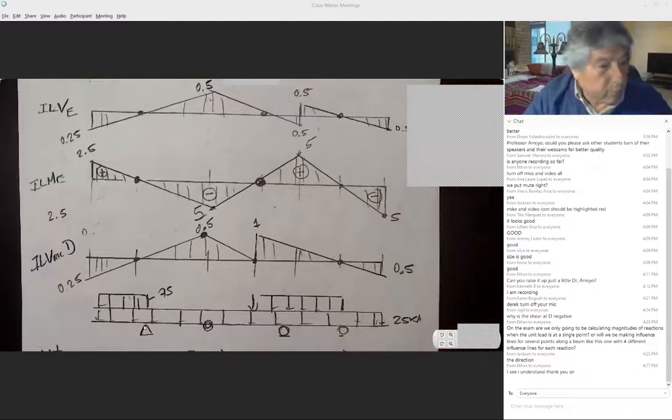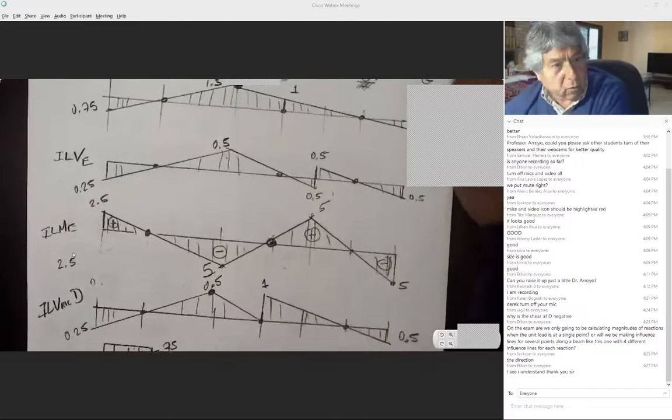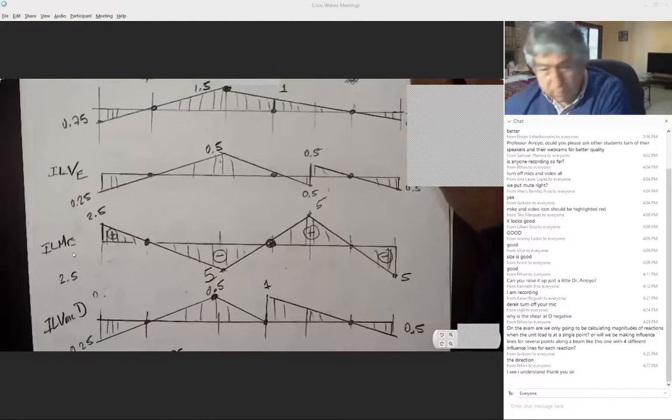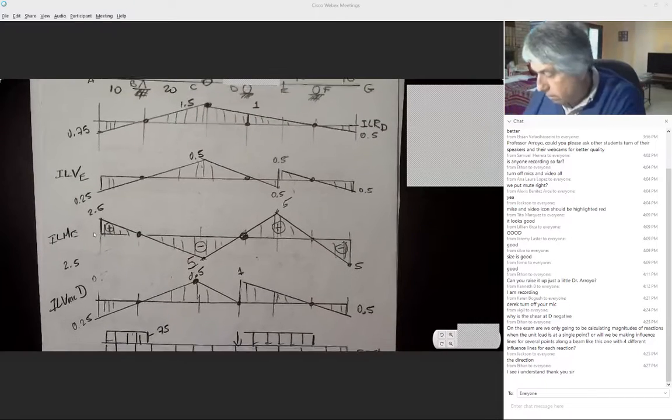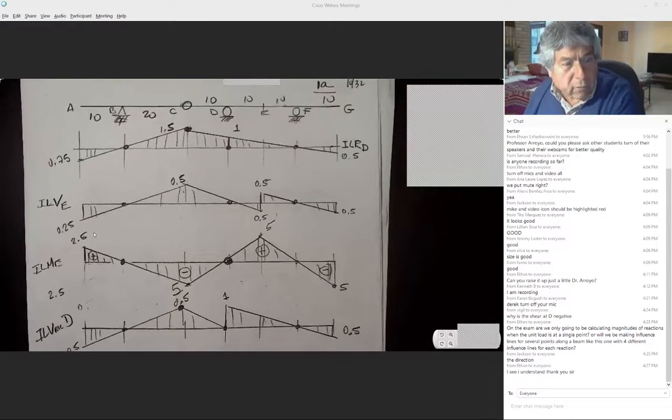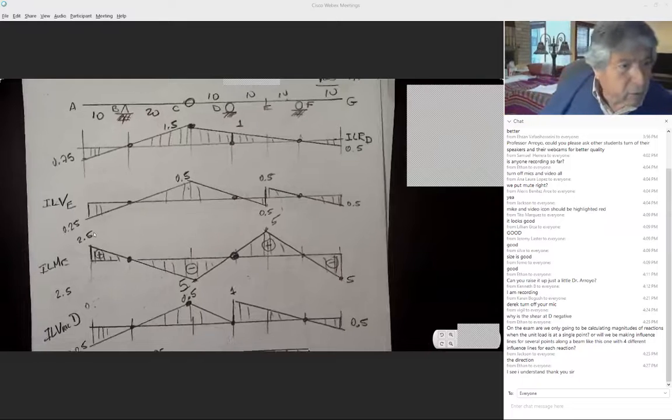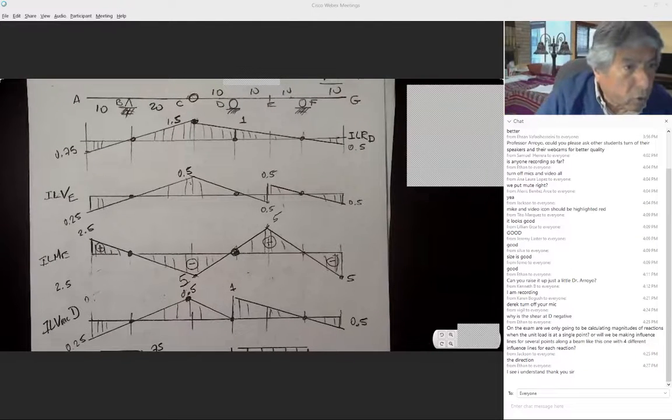Look, 0.25 negative. So all the values, if you look at all the influence lines that I have in here, all the values that we have found: when the unit load is at A, it produces this reaction at D. When the unit load is at A, it produces this shear at E, and it is in here.